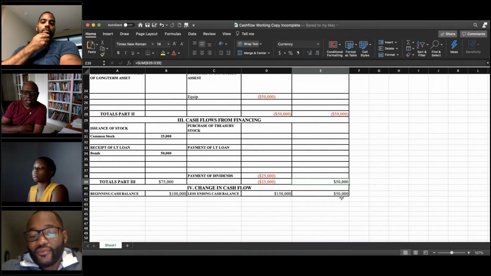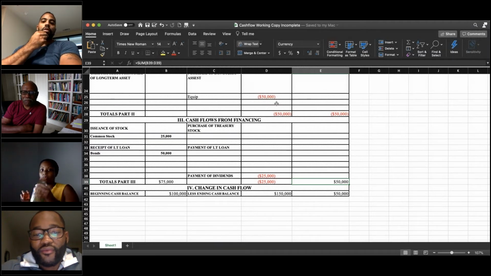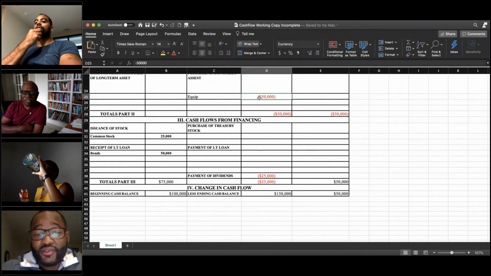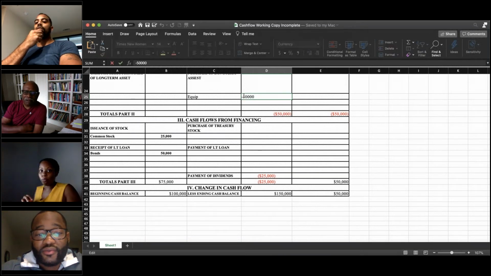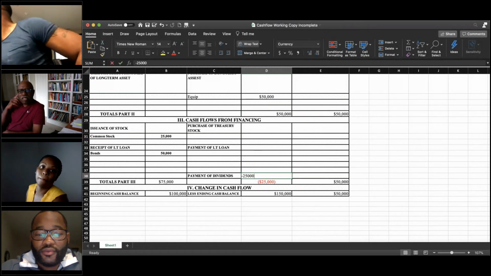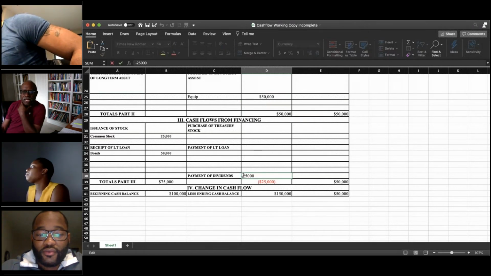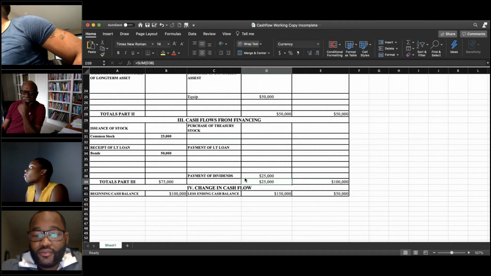So get rid of all of those red negative numbers. Including this one? All of them. It's so confusing. You're only gonna have reds or negatives in the last column. It's gonna throw you off every time. What do you mean, in the last column? In this one?